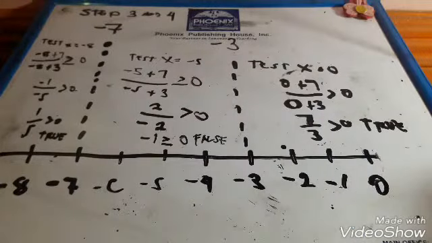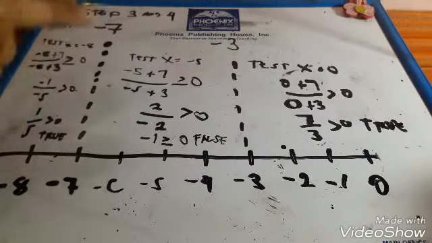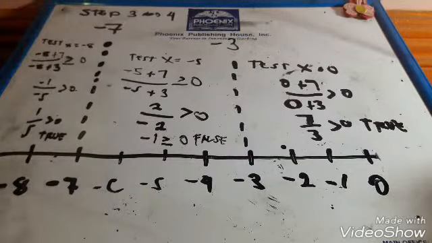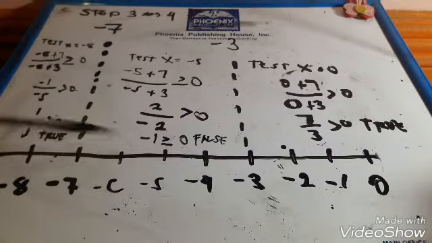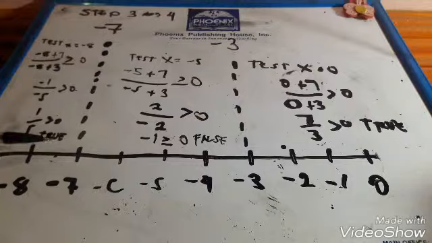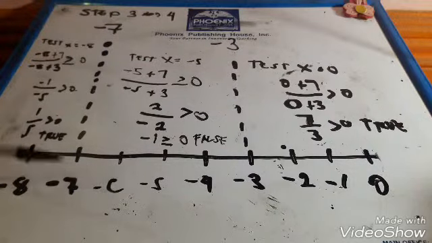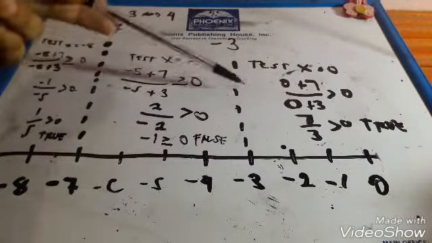So we already have steps 3 and 4. This is the final step, where we see if the number is true or false. First, we draw a number line with the negative numbers, and the -7 is here, the -3 is here.